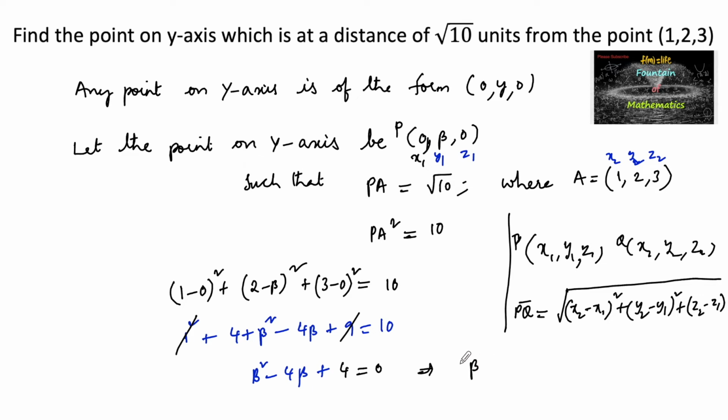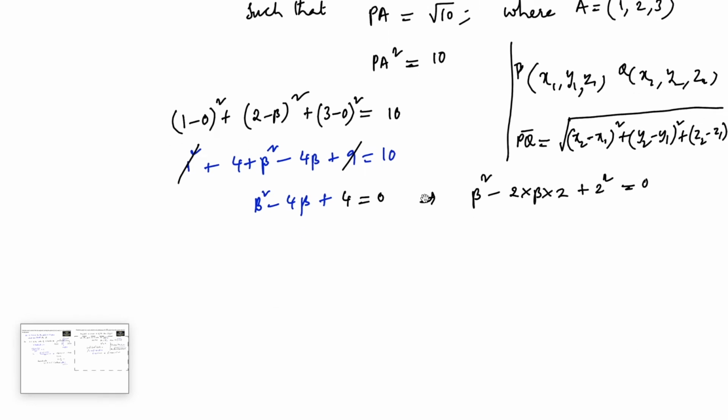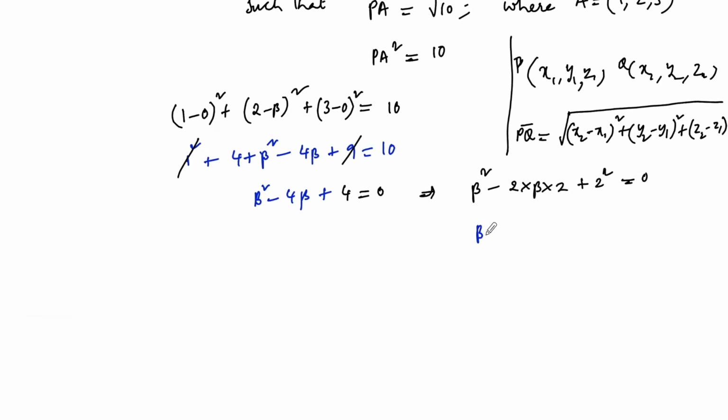Which implies that it is in the form of beta square minus 2 into beta into 2 plus 2 square is equal to 0, just like a square minus 2ab plus b square is 0, so that is beta minus 2 whole square is equal to 0. So getting two equal roots, beta is equal to 2.